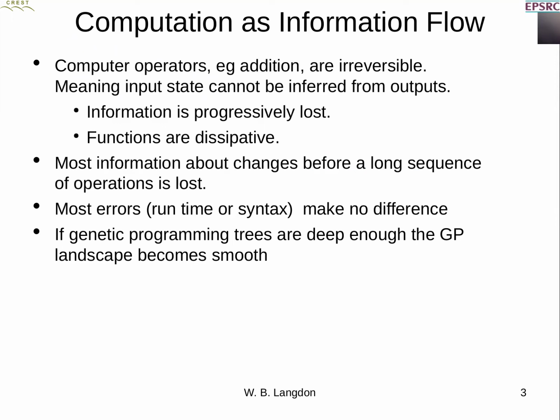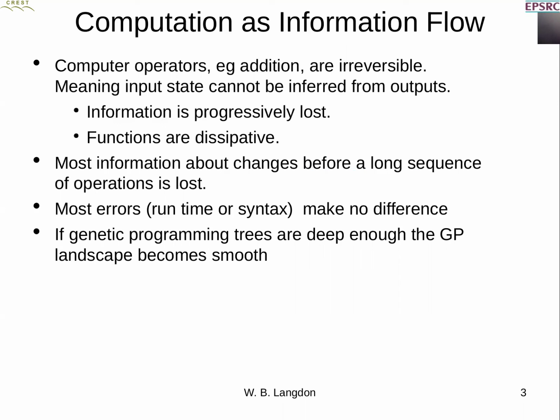So information at the end of a long sequence of changes is relatively independent of the start point. In particular, if there is an error followed by a long sequence of irreversible operations, then that error may become invisible.